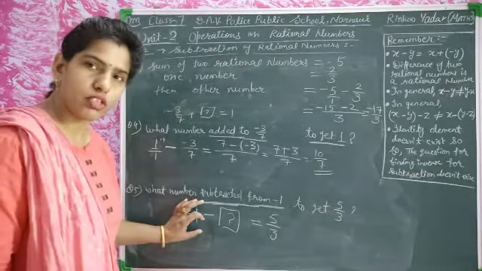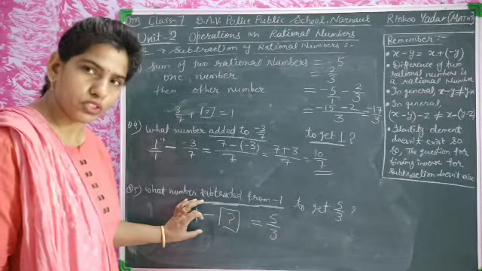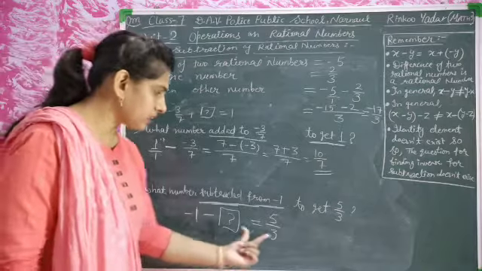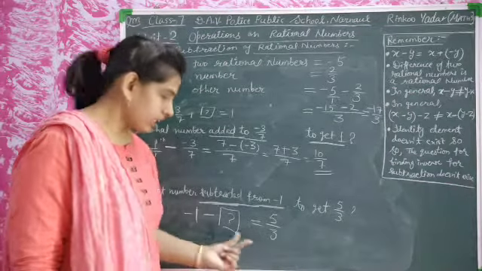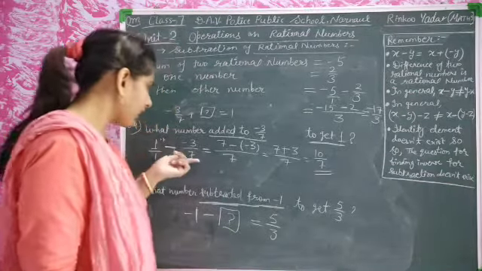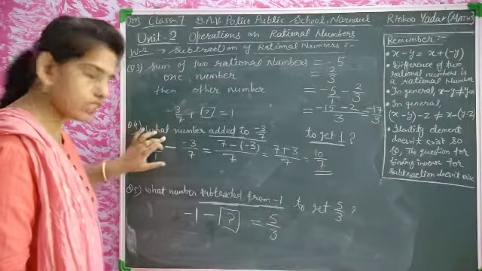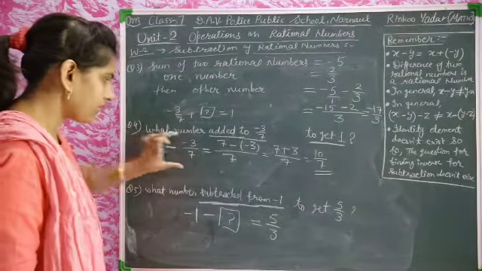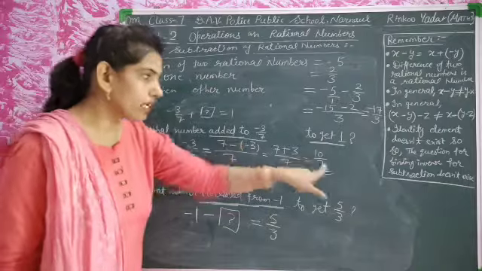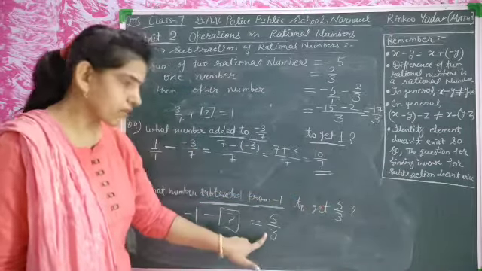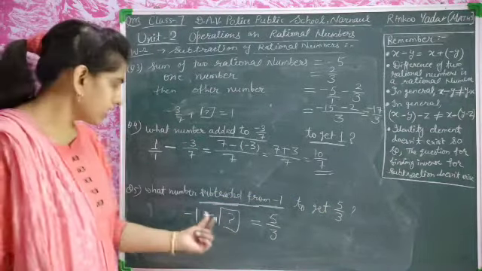This is the total sum of both the numbers, and one number is this. We are subtracting here like this: we have the total sum and we subtract one number to get the other number. Is it clear?